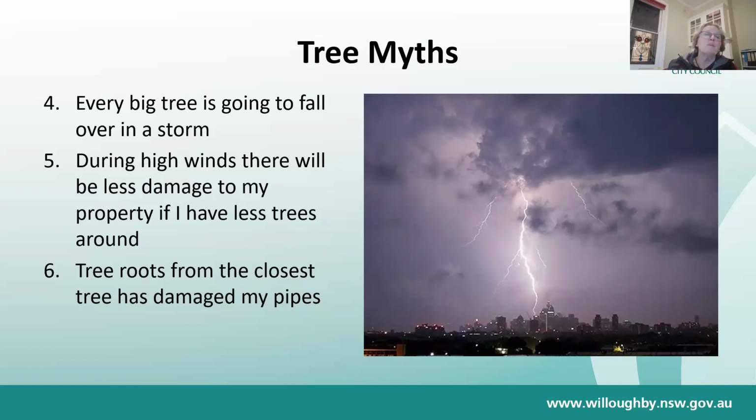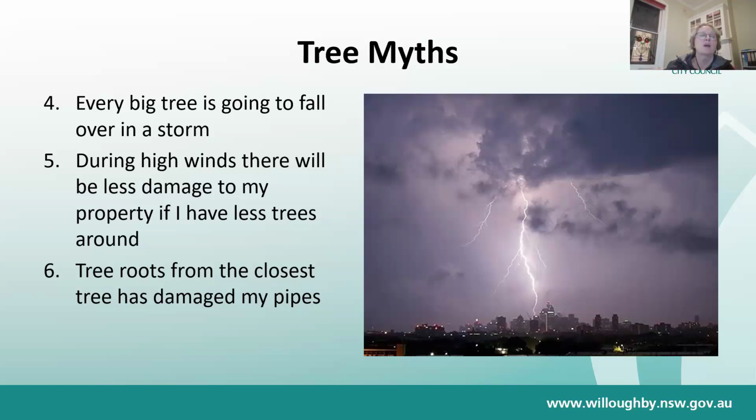The closest tree damages the pipe? No, not necessarily, because when you talk about the tree structure, which we will get to in the next couple of slides, we have what we call the structural roots, which are immediately from the trunk. And then, as I said before, they taper finer and finer and finer. So the tree roots closest to the pipe may not be capable of actually entering the pipe.